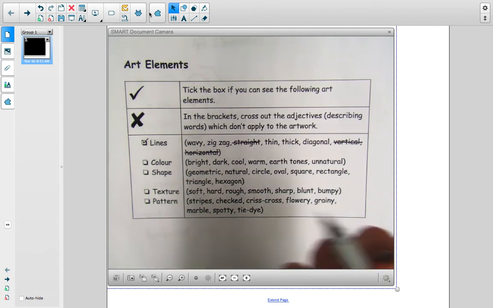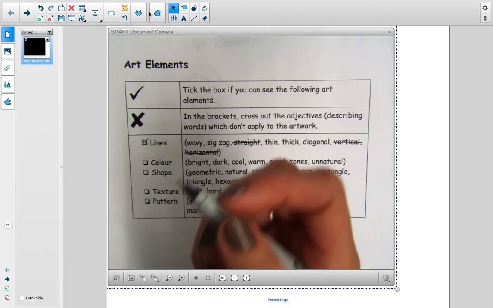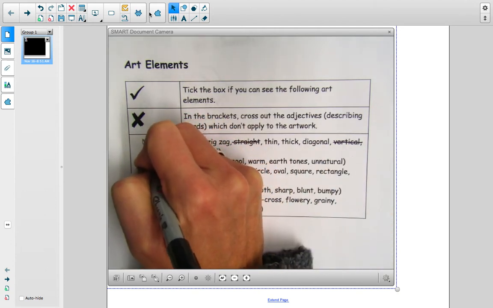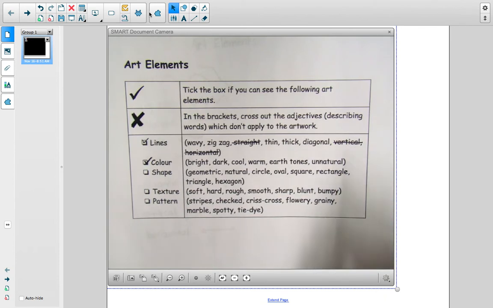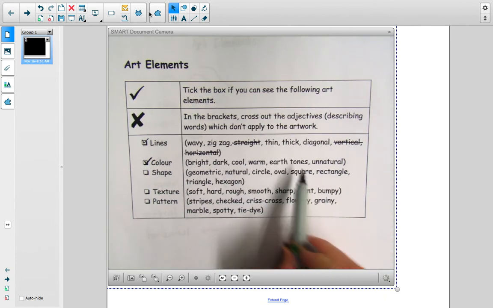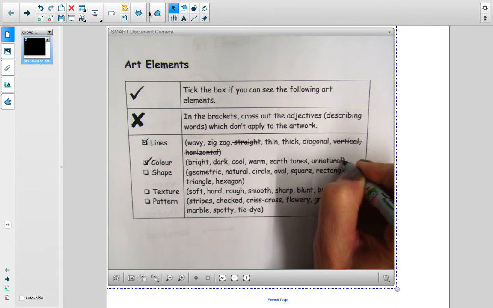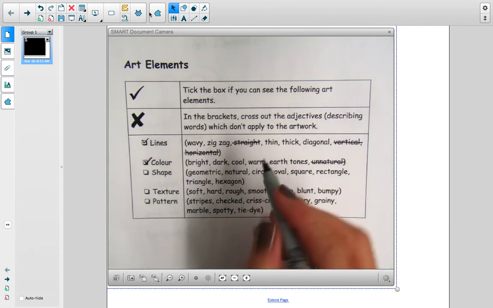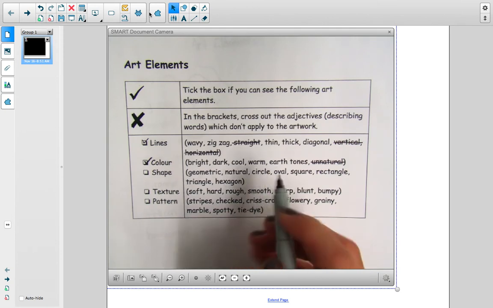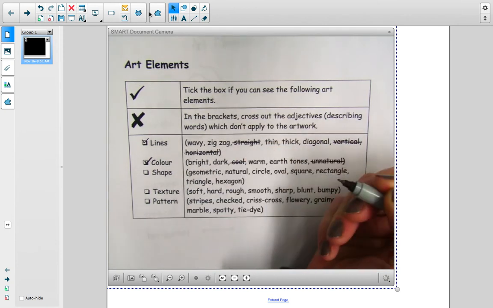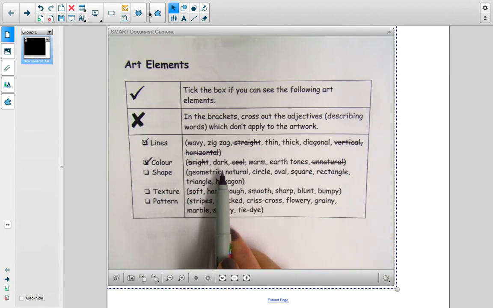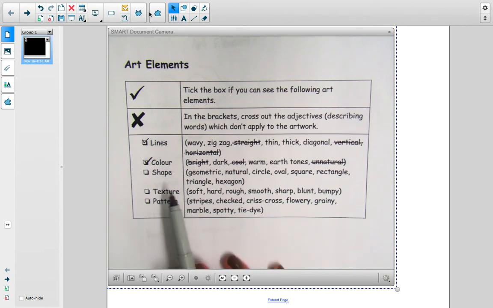So again, when I look at my Rangoli art, let's say I chose one with the sandy art with the natural colors. So that would be earth tones. So I'm going to cross out unnatural. I would say that they are warm, the earth tones, not cool, and not bright, but dark.